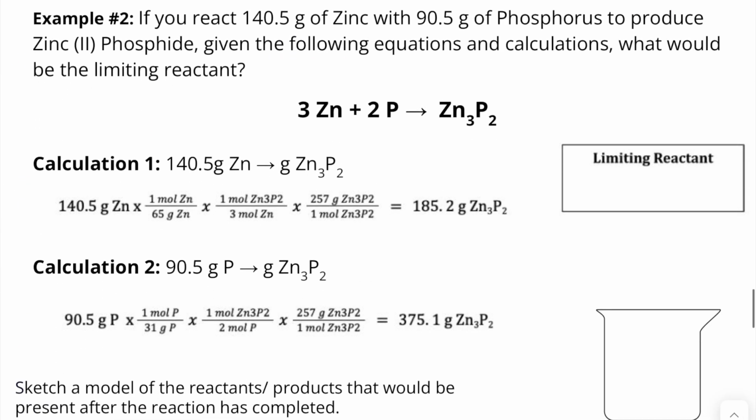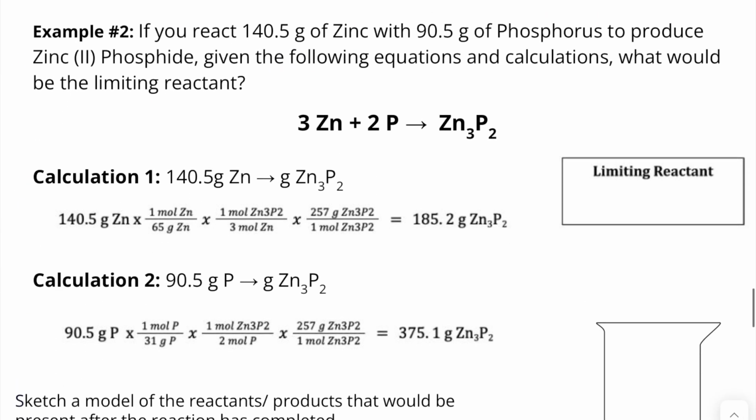So let's look at a calculation here. If you have 140.5 grams of zinc with 90.5 grams of phosphorus, and it produces zinc phosphide, here's our reaction. Given the following equations and calculations, what would be the limiting reactant? We're taking those two starting values, those two numbers that were given, and then we are doing a stoichiometry problem for both to end at the same spot.